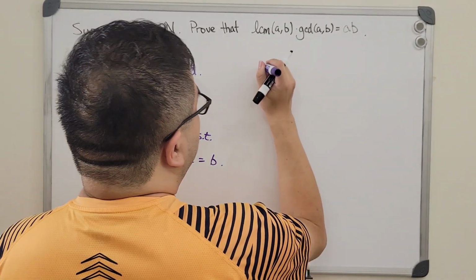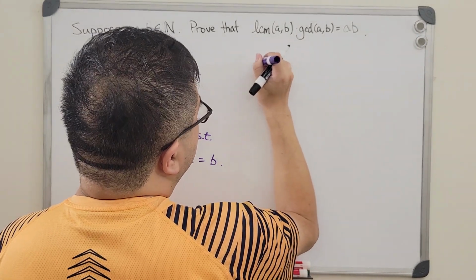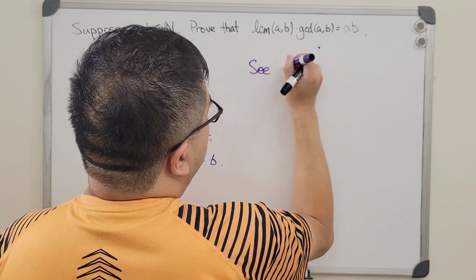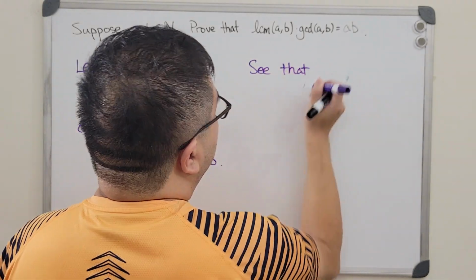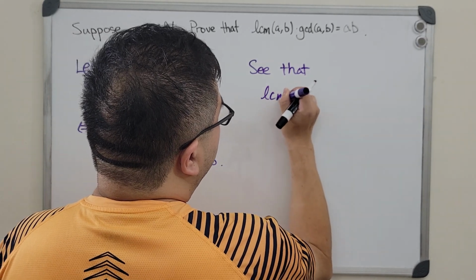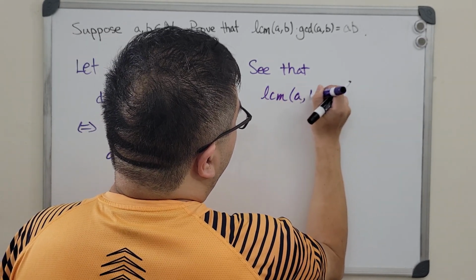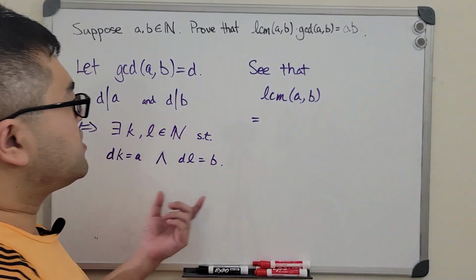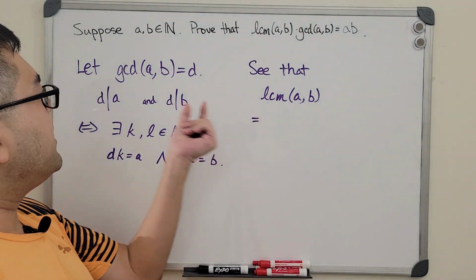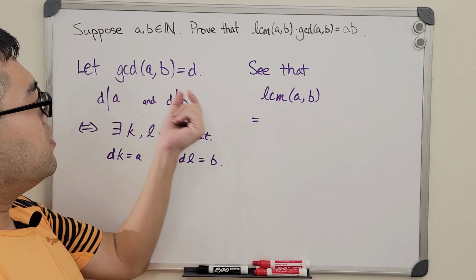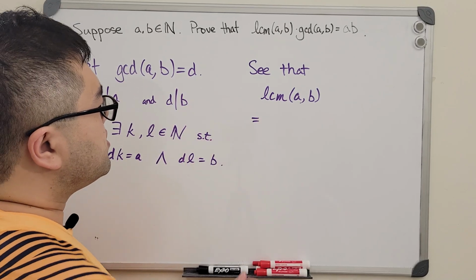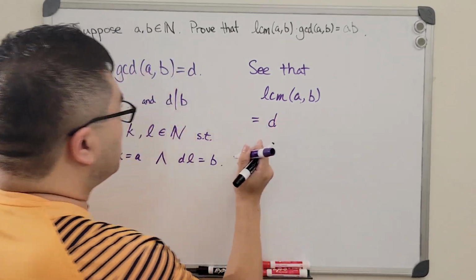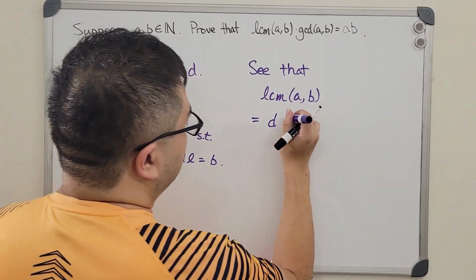So we see that the LCM of A and B will be the GCD, D here, multiplied with both K and L.